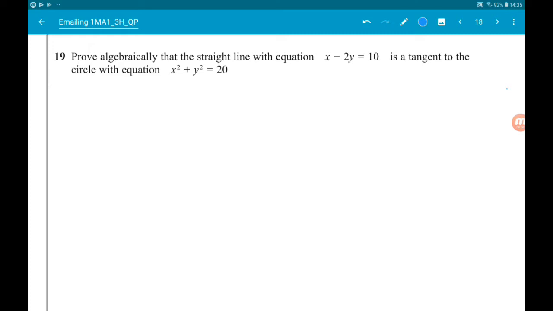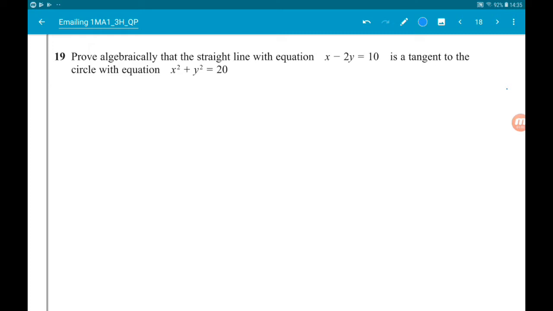If x minus 2y equals 10 is a tangent to x squared add y squared equals 20, then there is only one point of intersection. So only one point where the line meets the circle.